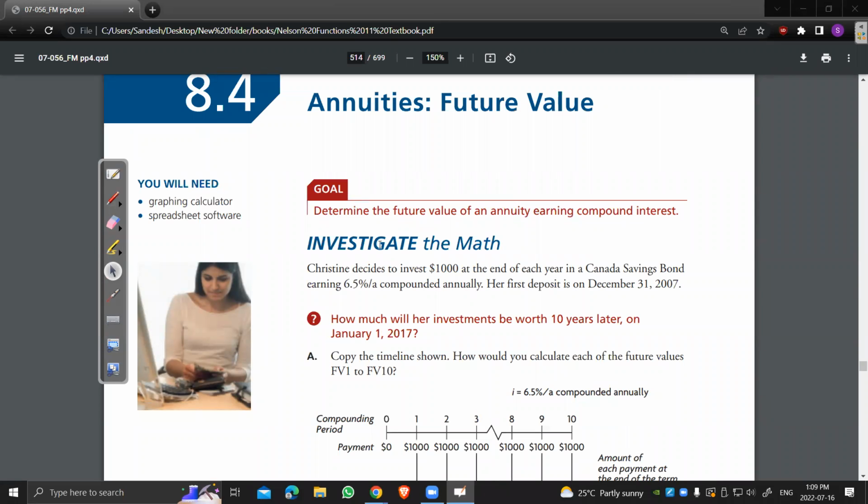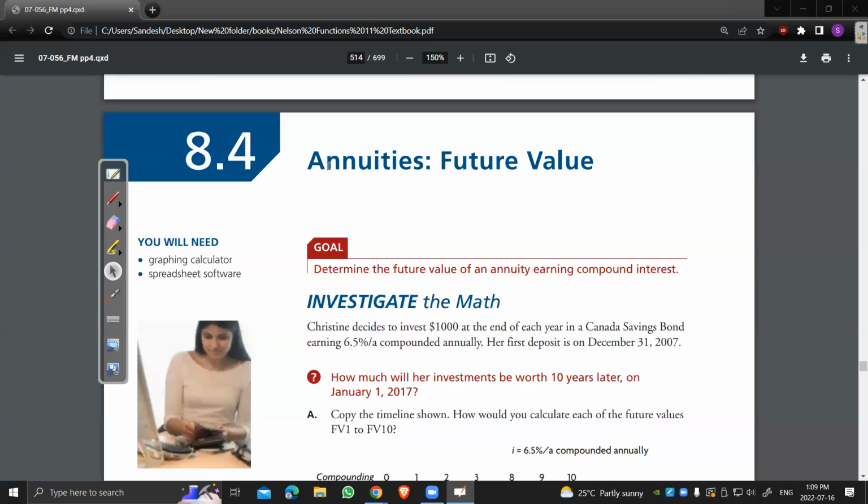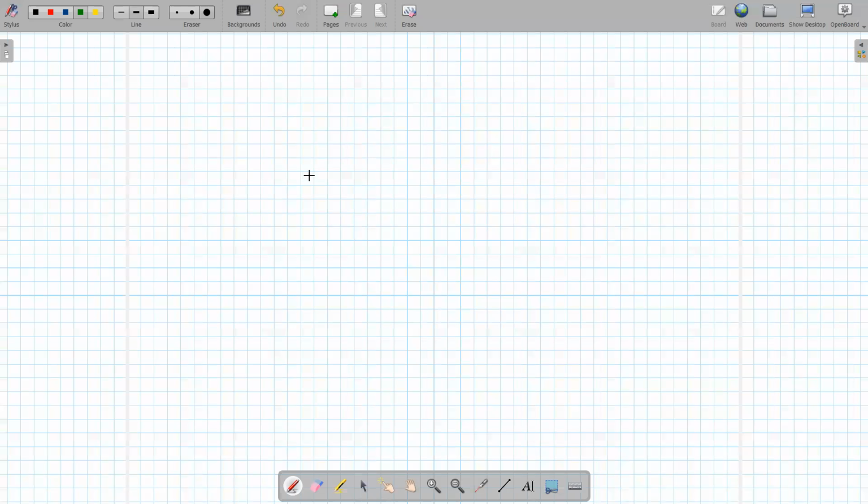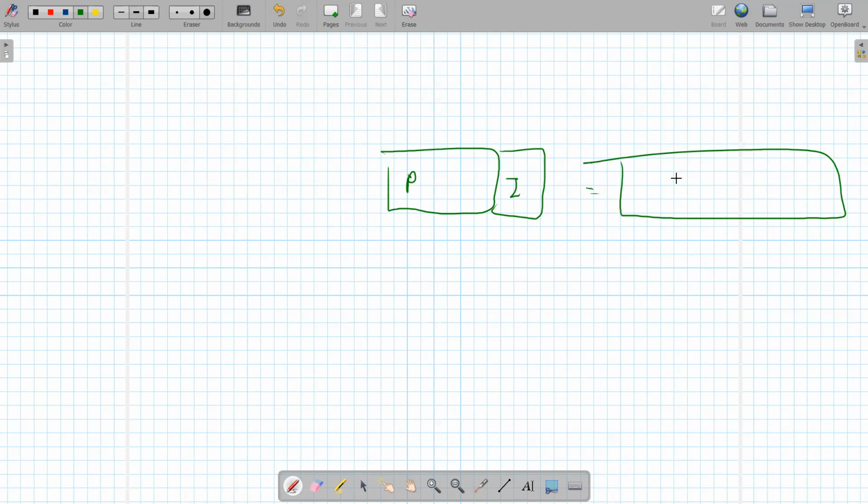The next topic here is something called annuities. What are annuities? We haven't seen this yet, but instead of having one amount and letting it grow to a final amount, with annuities you give small amounts in chunks.